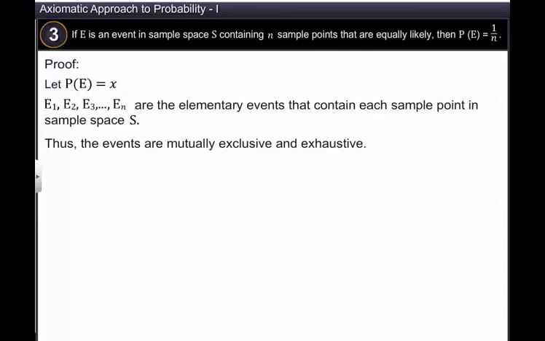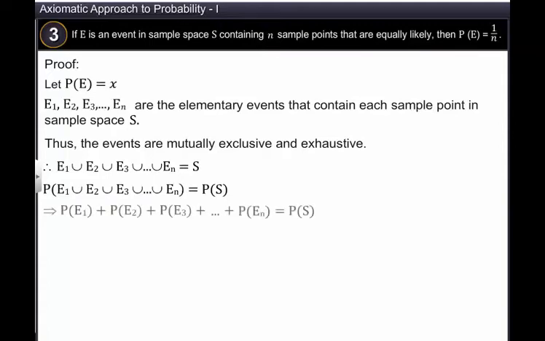Therefore, the union of the events is equal to S. The probability of the union of all the elementary events is equal to the probability of the sample space. It implies that the sum of the probabilities of all the elementary events of S is equal to the probability of the sample space.